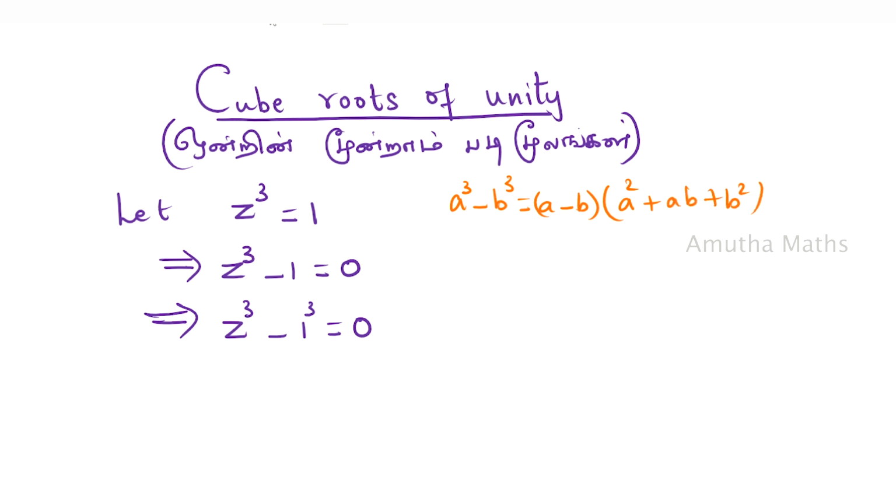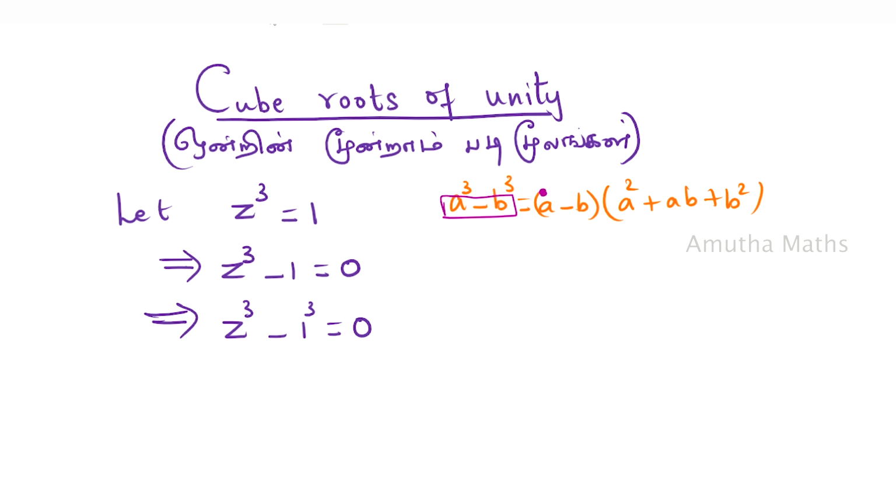We have already studied this formula in the lower classes, isn't it? A cube minus b cube is equal to a minus b into a square plus ab plus b square. Okay. இது எப்படி ஞாபகம் முதல்ல a minus b அப்படி எழுதிக்கணும். a minus b into அப்புறம் a square பண்ணணும்.